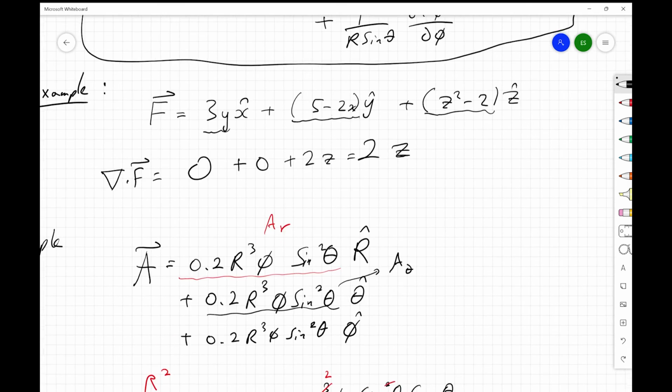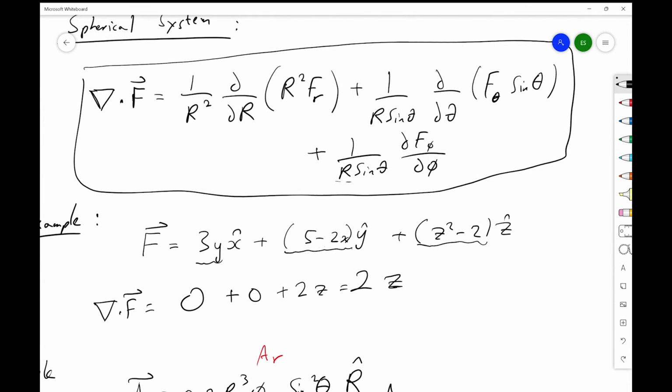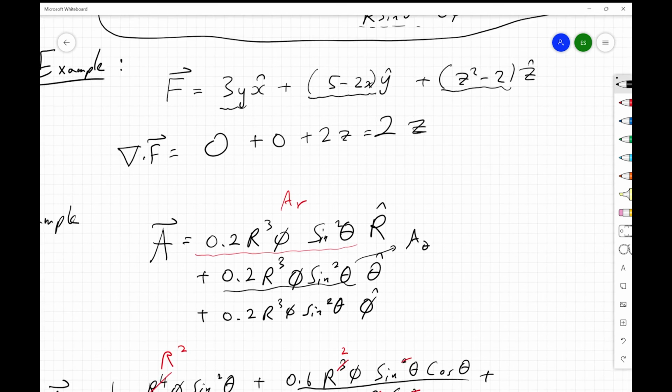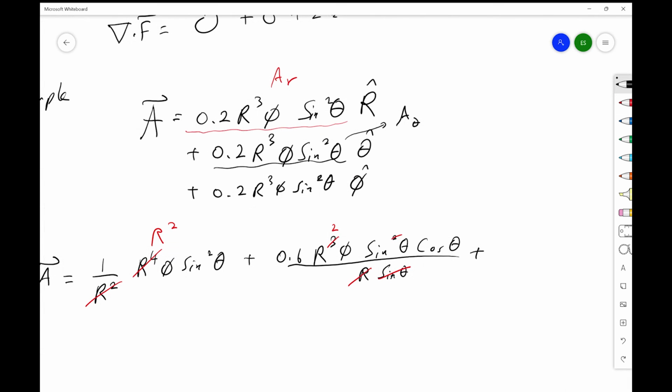And then I'll do the final term. There is a 1 over r sine theta here, partial f phi over partial phi. So this is partial f phi over partial phi. Phi is just a constant. So this becomes simple. This becomes 0.2 r cubed sine squared theta divided by r sine theta. R cancels, this becomes r squared. Sine theta cancels the sine squared.